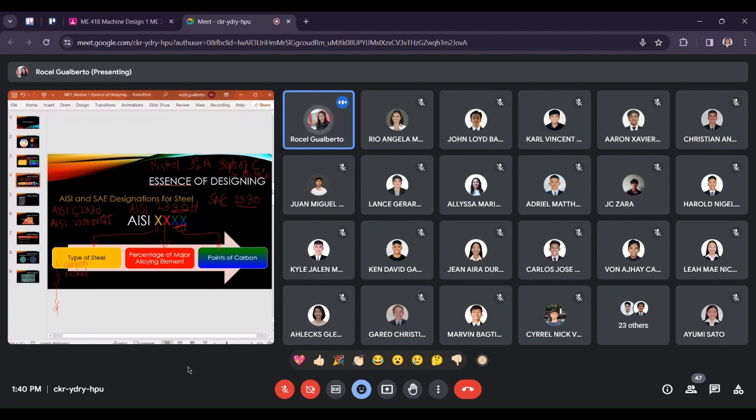From the points of carbon, we must identify from the given code whether our material is ductile or brittle. For 2330, is it ductile or brittle? We only look at the given points of carbon.